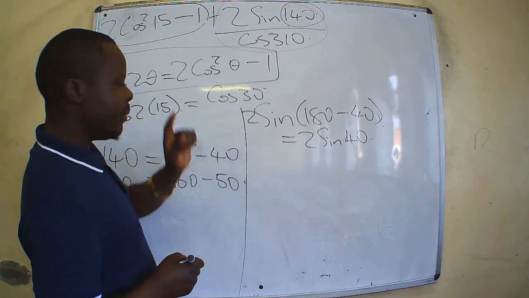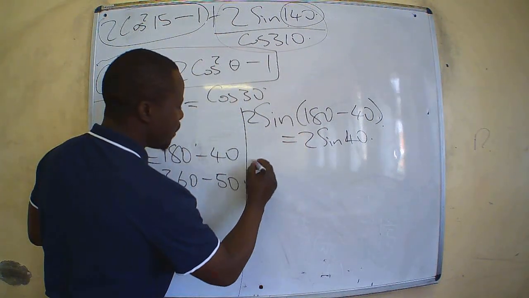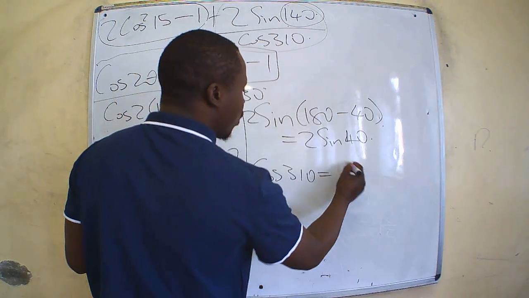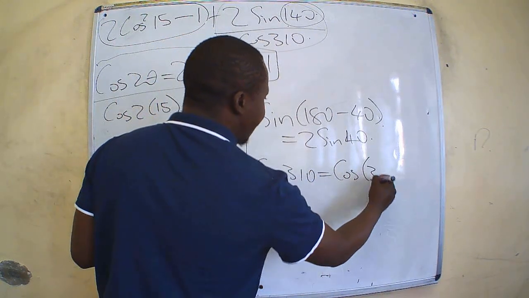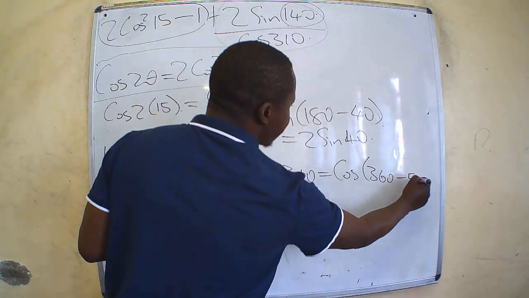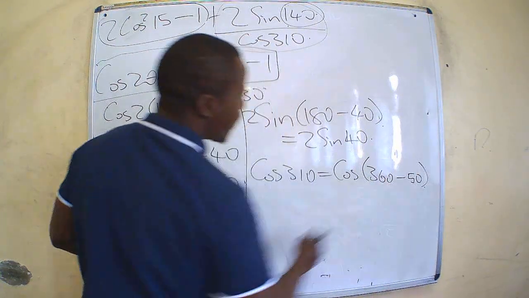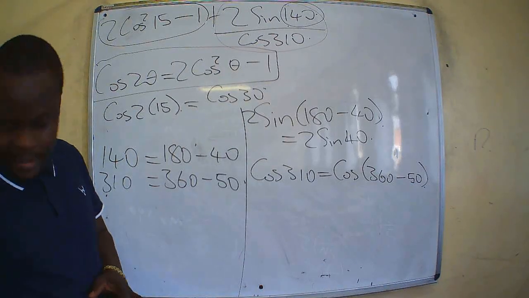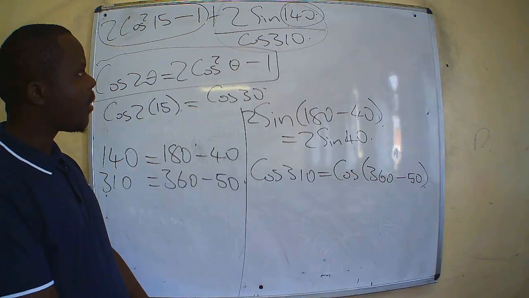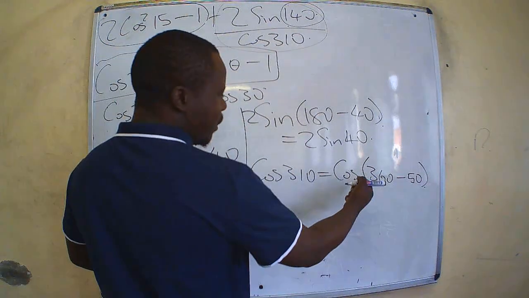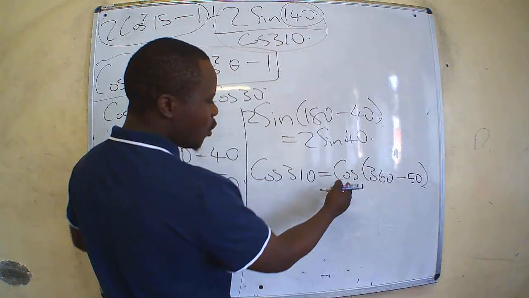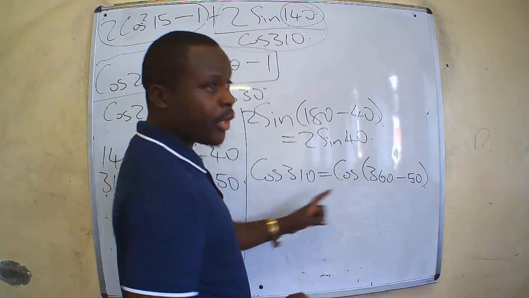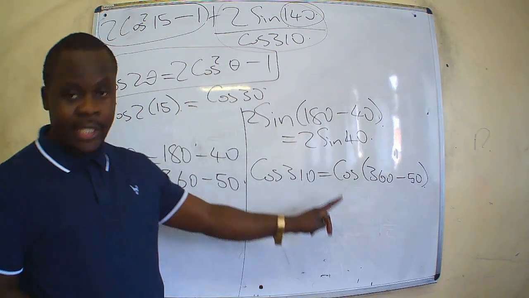Let us deal with the denominator, cosine 310. So cosine 310 can be written as cosine 360 minus 50. So now in this case, cosine 360 minus 50, we are going to use the last quadrant.